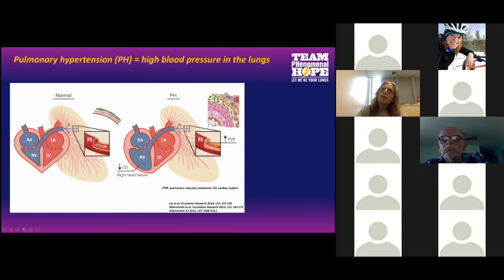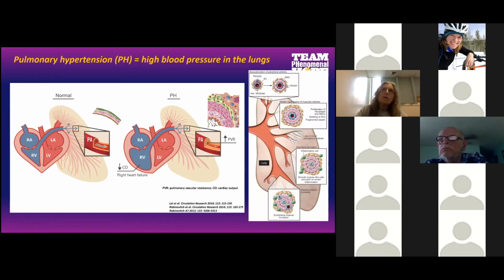However, in pulmonary hypertension patients, the vessels of the pulmonary arterioles become abnormal and proliferated. This happens in small pulmonary arterioles, small vessels, as well as in medium size or larger size vessels.